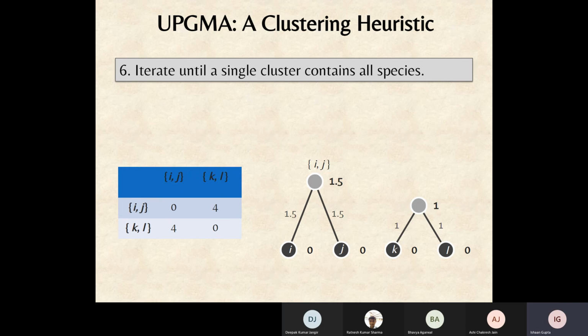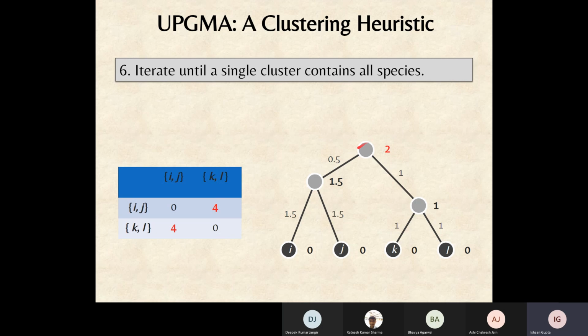Now again, you know that I and J and K and L are themselves 4 apart. So you put an internal node, which is distance 2 apart. Talking about I and J and K and L all the way from the root to this area, the top node is 2 away from the bottom node.